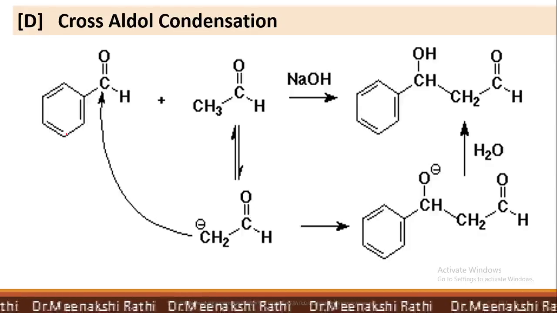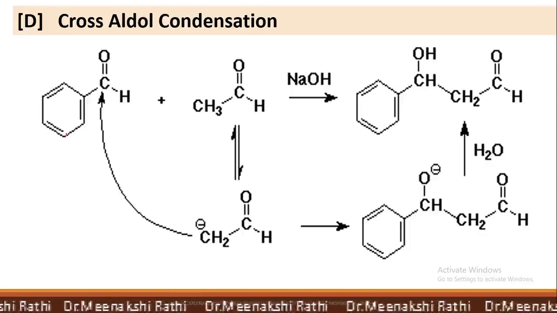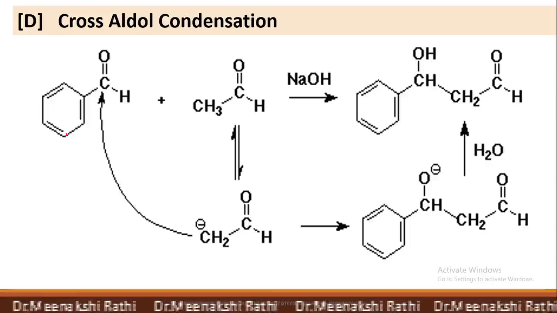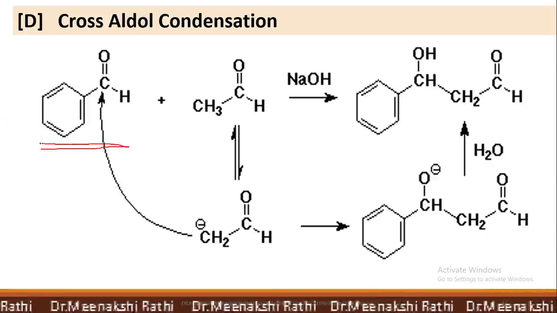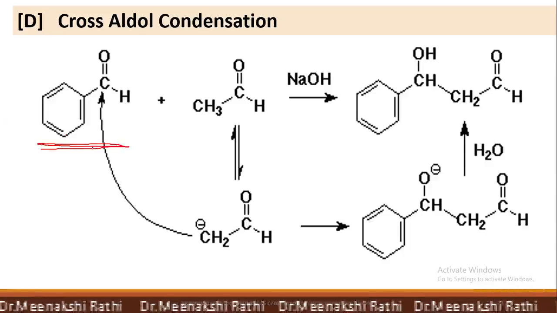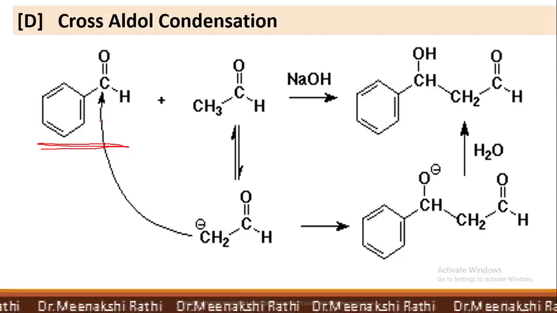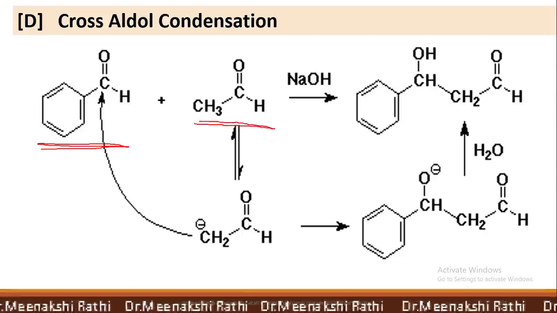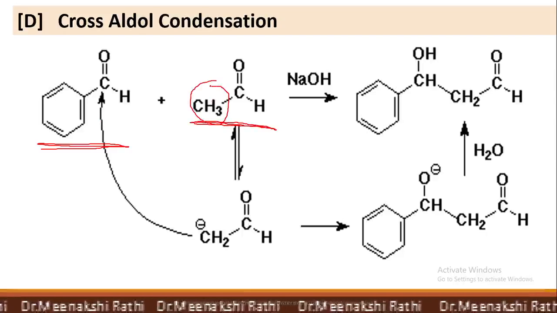But here, in this example, you can see one reactant, benzaldehyde, does not contain an alpha hydrogen atom, so it itself cannot undergo aldol condensation. But acetaldehyde has alpha hydrogen atoms and it can undergo aldol condensation.